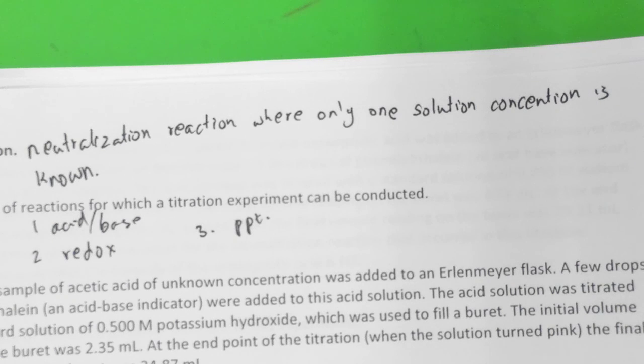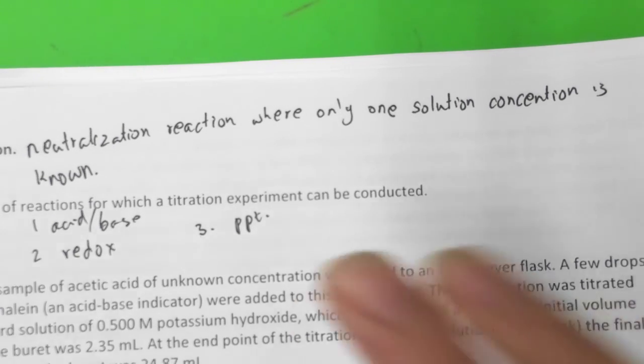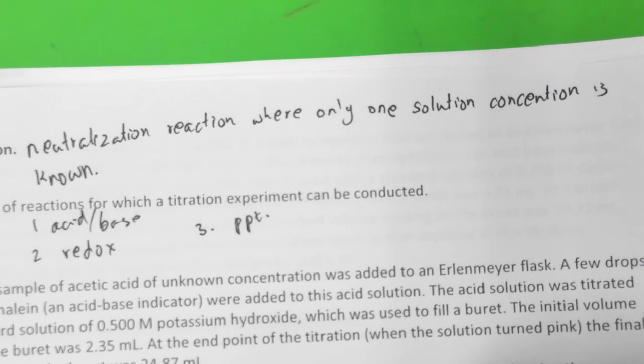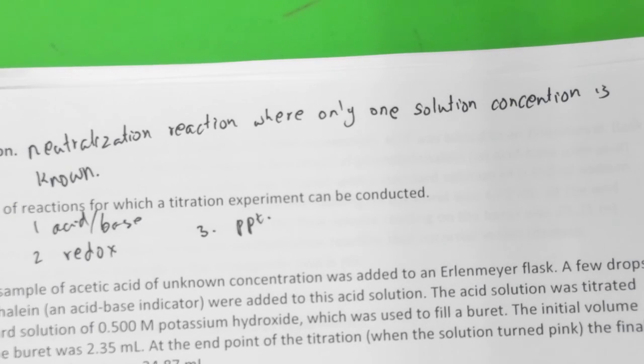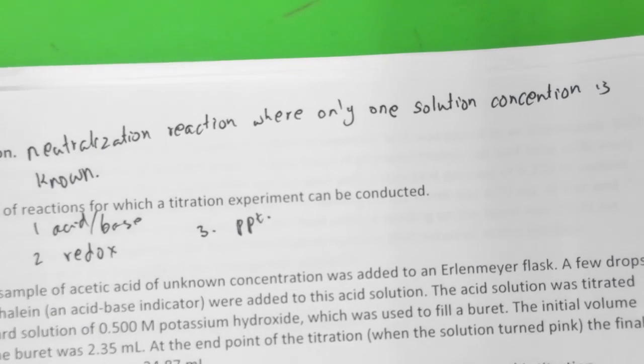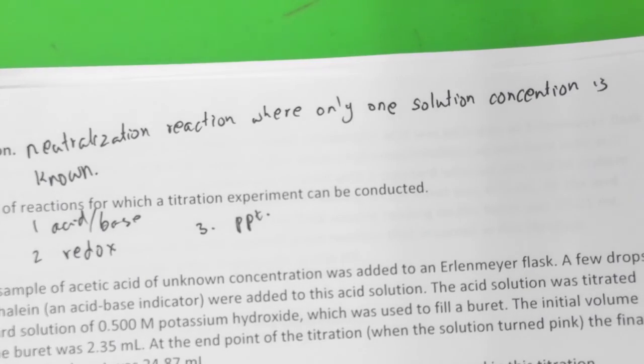When you do the lab, I will set it up and you will get the solution to change color from one to another when they have neutralized. You will learn more detail when we talk about acid base because you will be drawing a titration curve. Right now, you are just trying to find when that is happening.